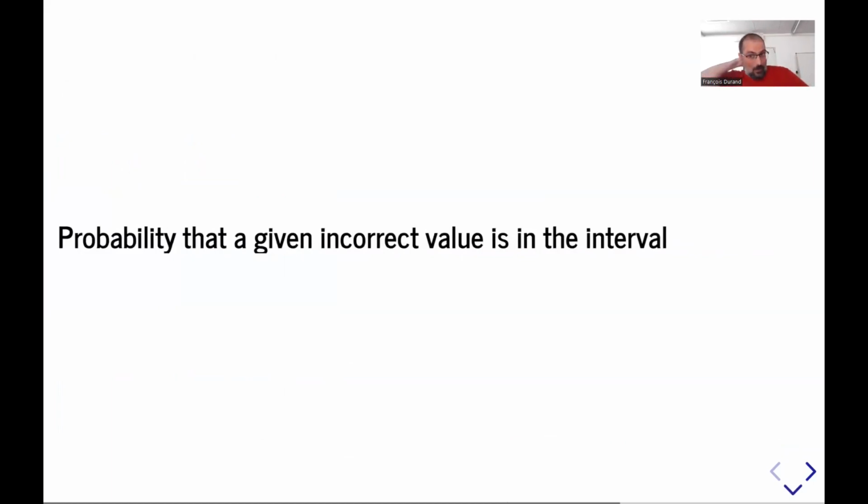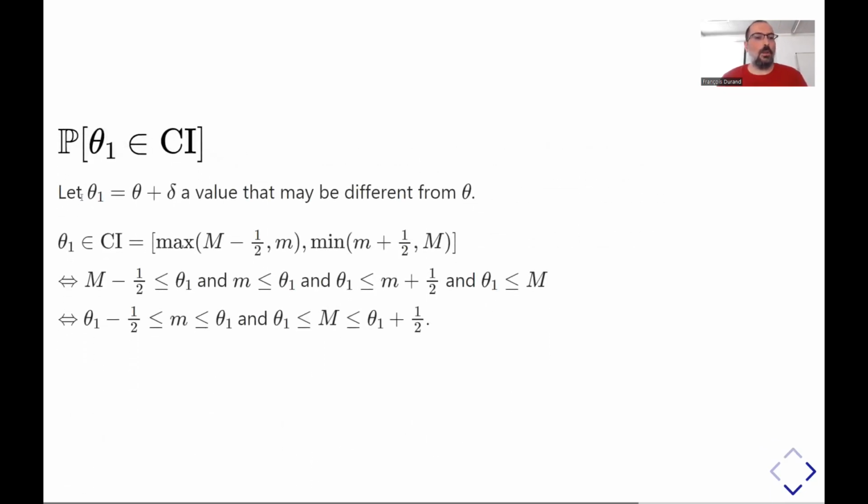Now, what is the probability that a given incorrect value is in the interval? That's also a measure of quality. We know that the probability that the interval contains theta is 50%. Now let's take another value, theta1, that I will also denote sometimes by theta plus delta, a value that may be different from theta.